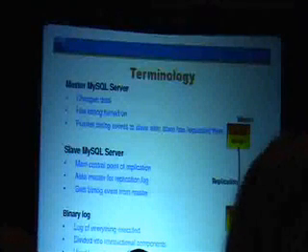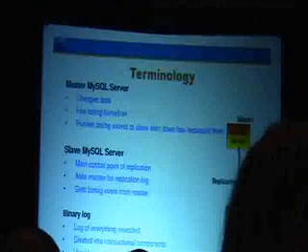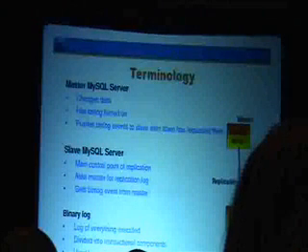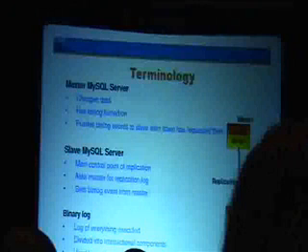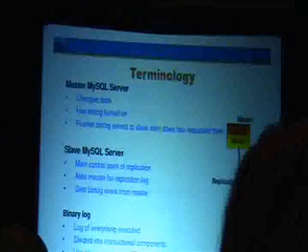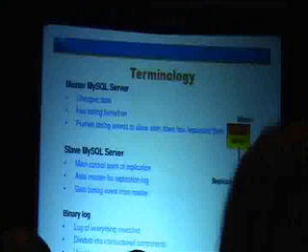Yes, we will go through first how to configure it, how we set it up and how to manage it, and then we will also go into different scenarios and how you can use a slave when the master is going down. This is the simplest way to use replication, but we will also go into more complex scenarios.